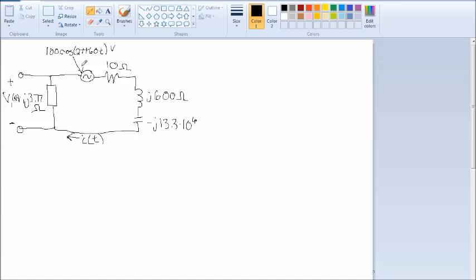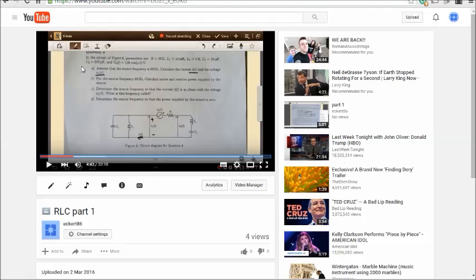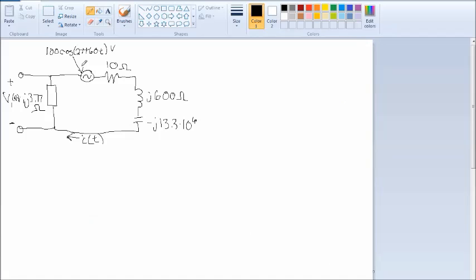So if you remember from Ohm's law, solving for current is pretty simple. It's voltage divided by impedance. But in this case we're not just dealing with a resistor, so the math turns out to be a little complex.